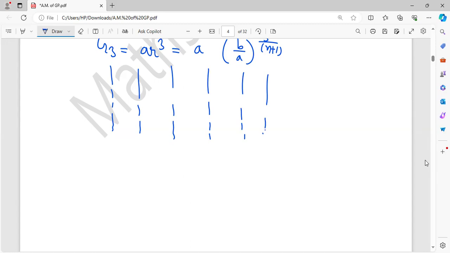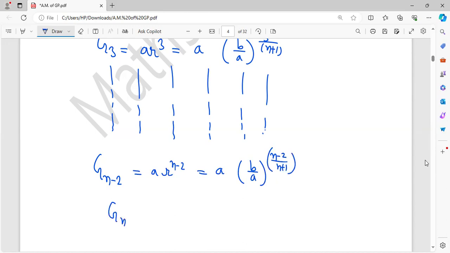So what is Gn minus 2? AR to the power N minus 2, that is A times (B upon A) to the power N minus 2 upon N plus 1. What is Gn minus 1? AR to the power N minus 1, A times (B upon A) to the power N minus 1 upon N plus 1.